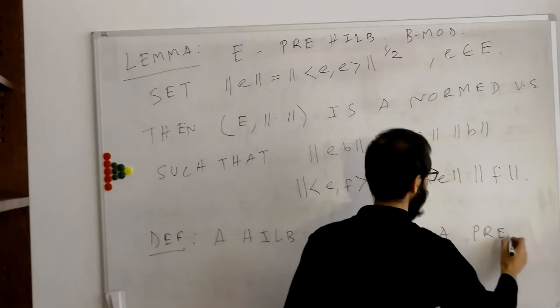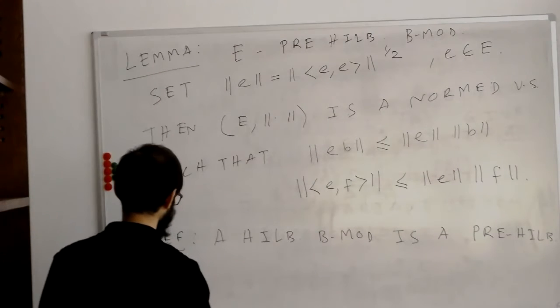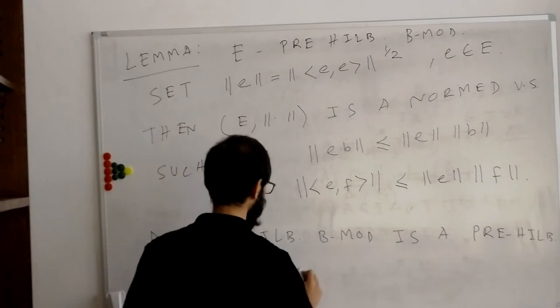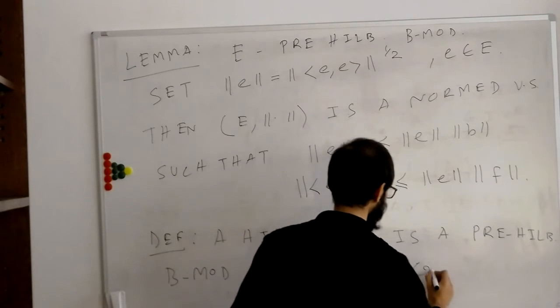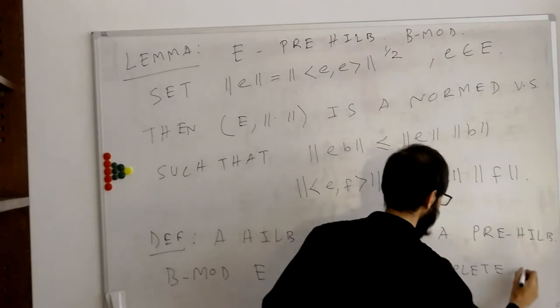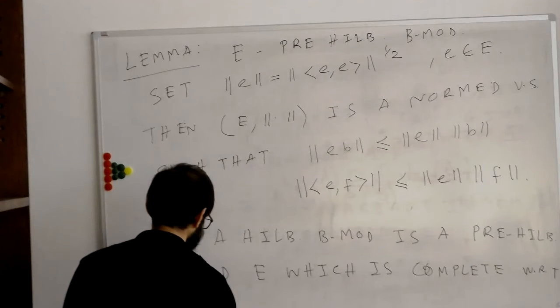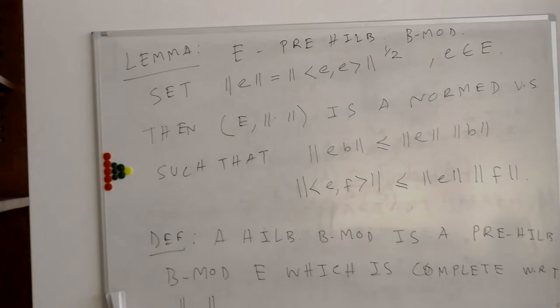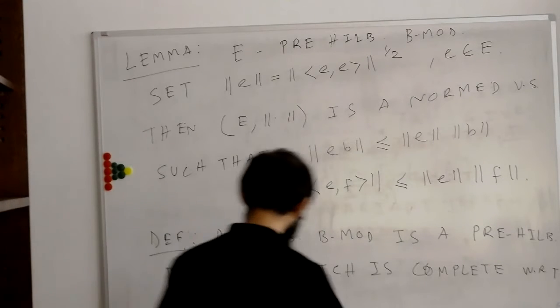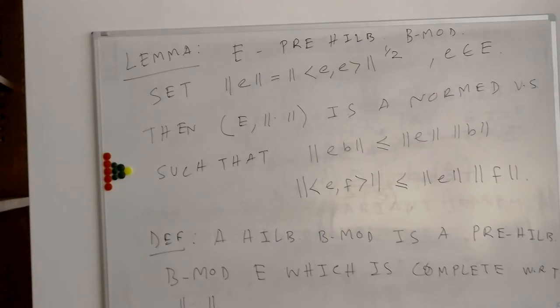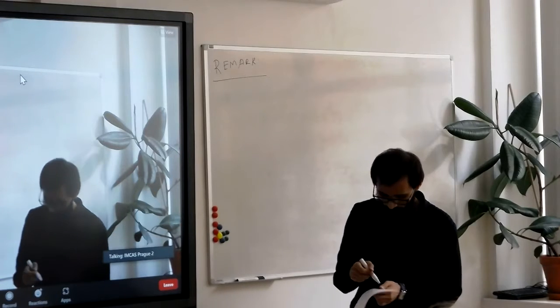A Hilbert B-module E, which is complete with respect to this norm.